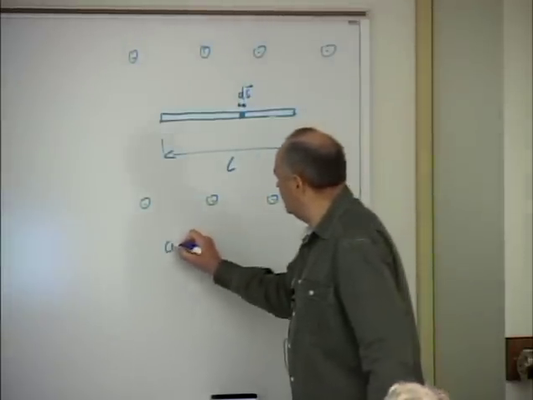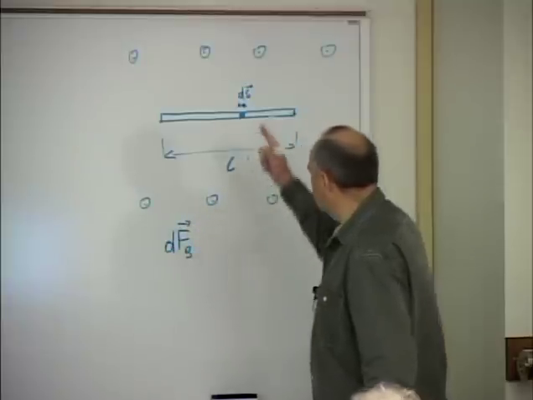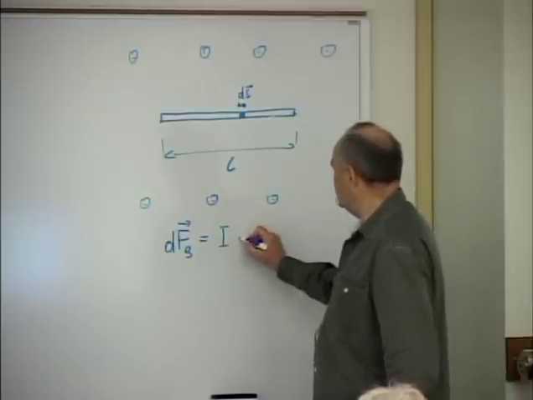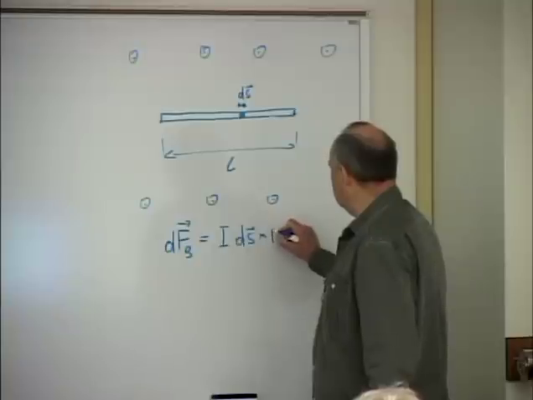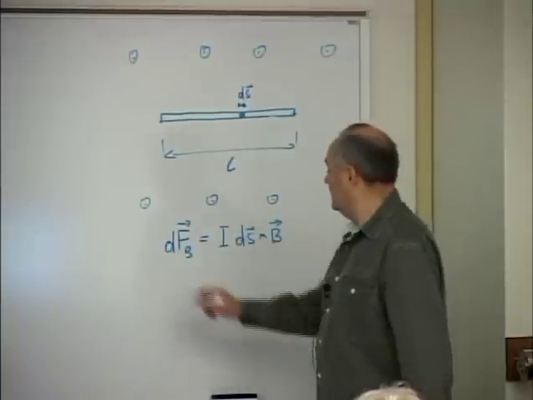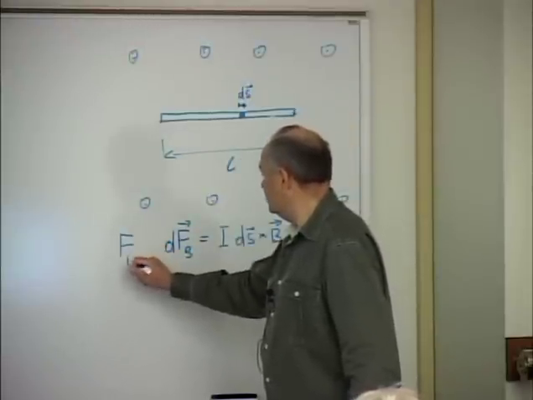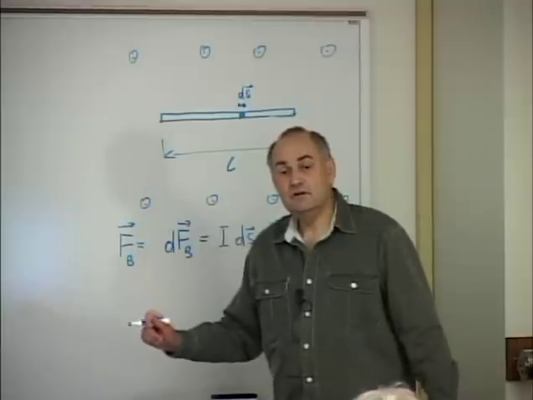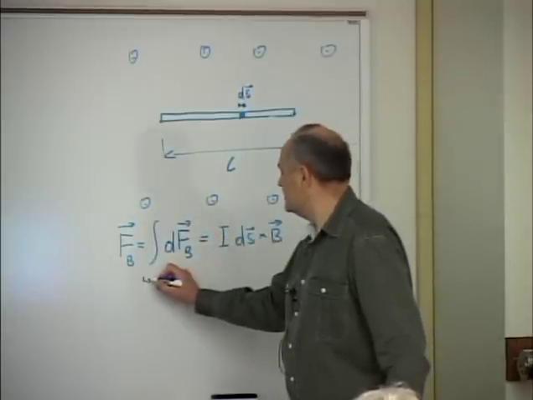So the magnetic force exerted on this differential piece is equal to the current flowing in the piece times segment vector multiplied by magnetic field vector. And if I want to find the resultant force on this entire piece, what do I have to do? Integrate over this wire.